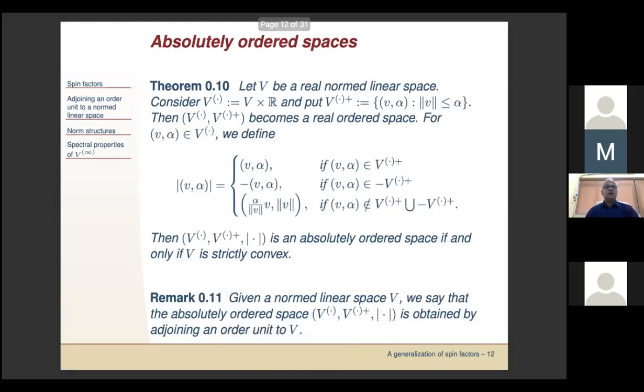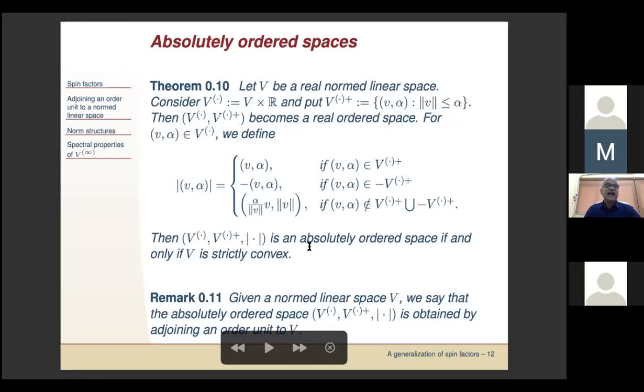Now, we can summarize what we discussed so far in this section. We say that V with V plus and the modulus given in this way is an absolute order space if and only if my normed space V is strictly convex.